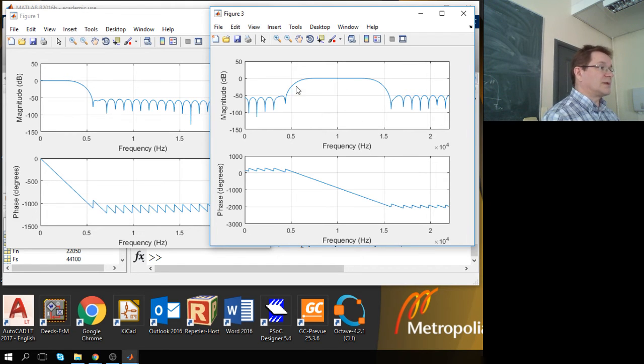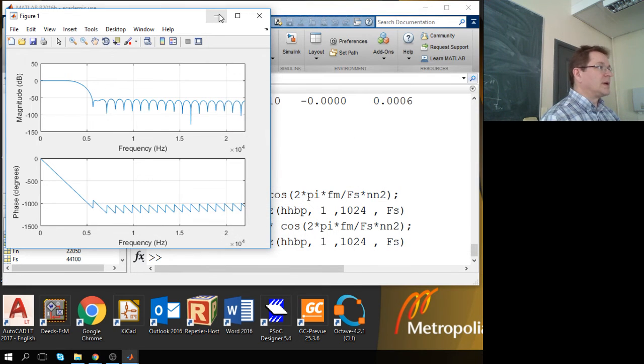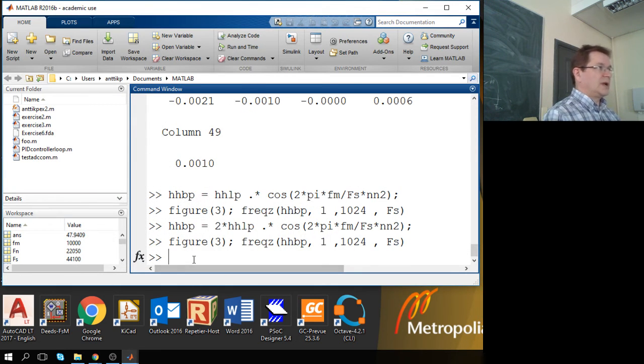So lower cutoff frequency is the center frequency minus the original low pass filter cutoff frequency, and the high cutoff frequency is the modulating frequency plus the original cutoff frequency. There. So that was how to make band pass filters from low pass filters.